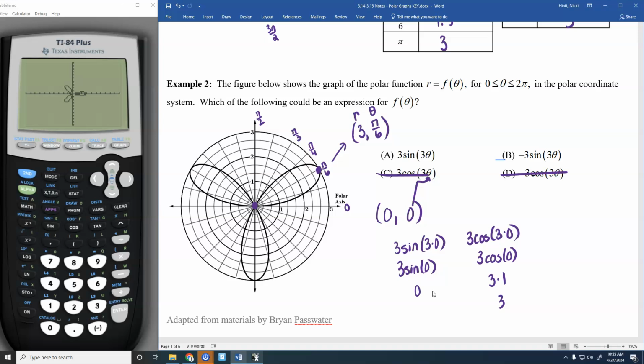So if I try A, if I do 3 sine of 3 times pi over 6, that would be 3 times 3 over 6, which is 3 pi over 6, which is just pi over 2. What is sine of pi over 2?